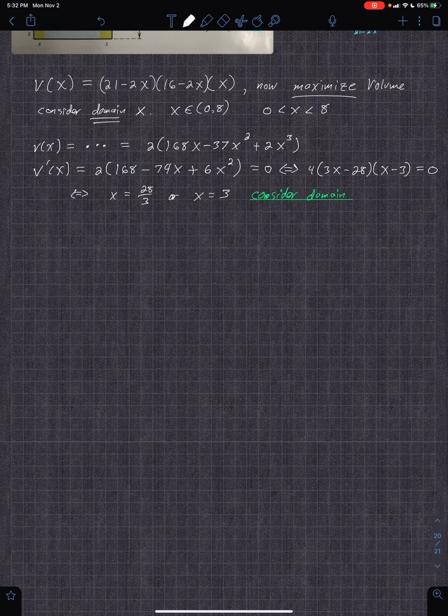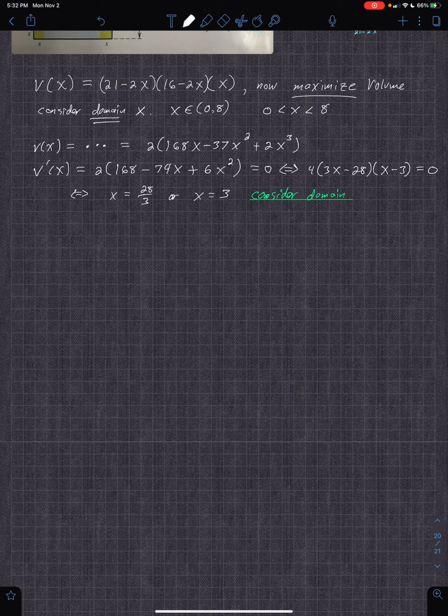That's 9.3, it's 27, so 27 and 1/3. So 28 thirds is not in 0 to 8. So we throw it out. We don't consider that. We only want to then consider x equal to 3.